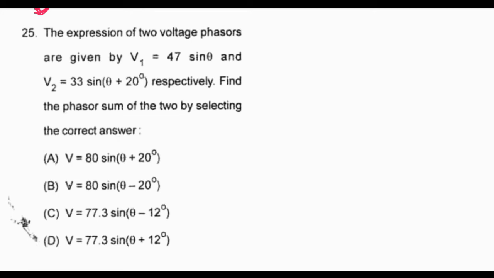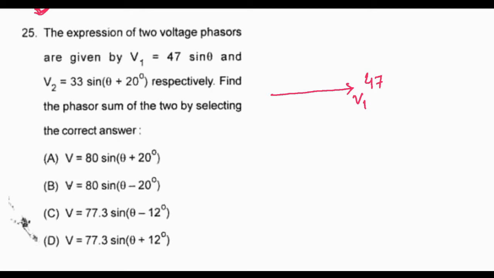So here suppose this one is V1, because the phase angle is 0, and this is 47. I can also use the RMS value, that means 47 by root 2.